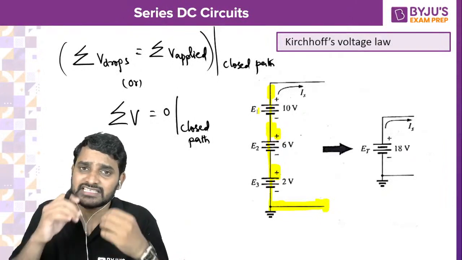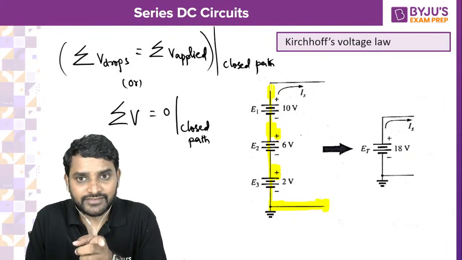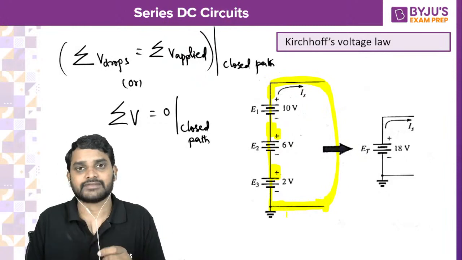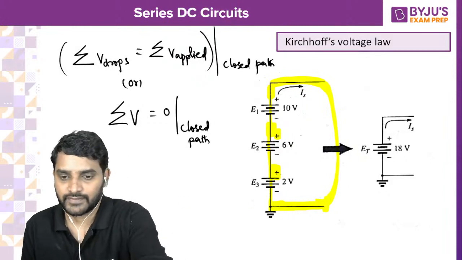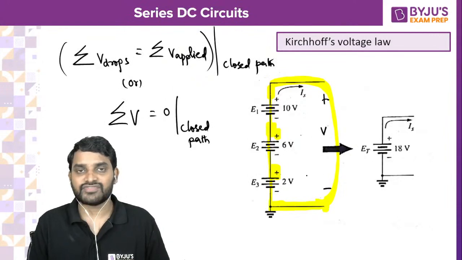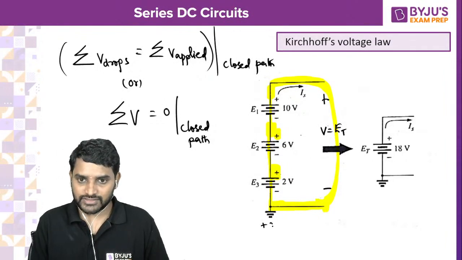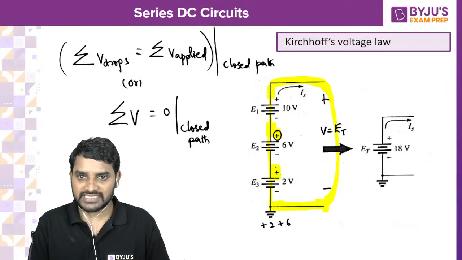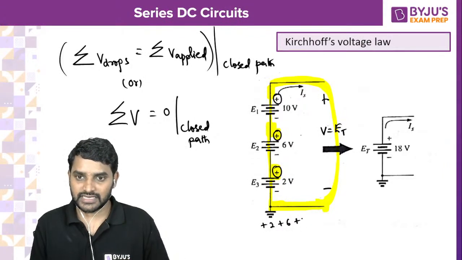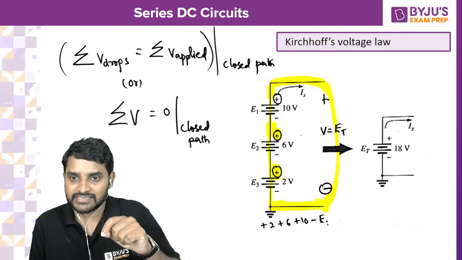No issues, you can consider all entering polarities also. Now I left this terminal, now this terminal, and this is an open circuit, so you have to come back. The voltage across these two terminals, let us assume V, or otherwise total voltage ET. Plus 2, plus 6, plus 10, minus ET, the leaving polarity of this one, is equal to 0.